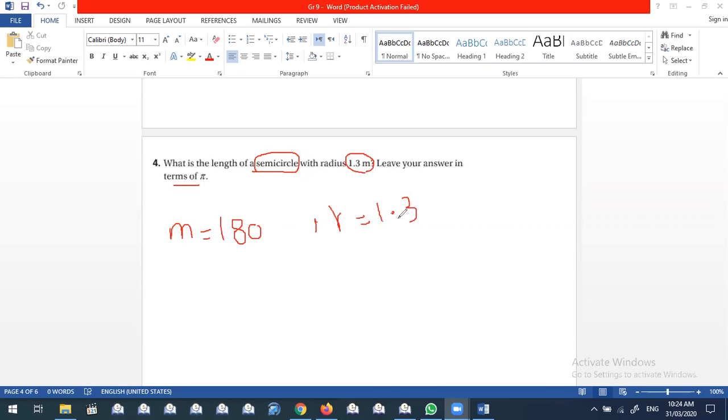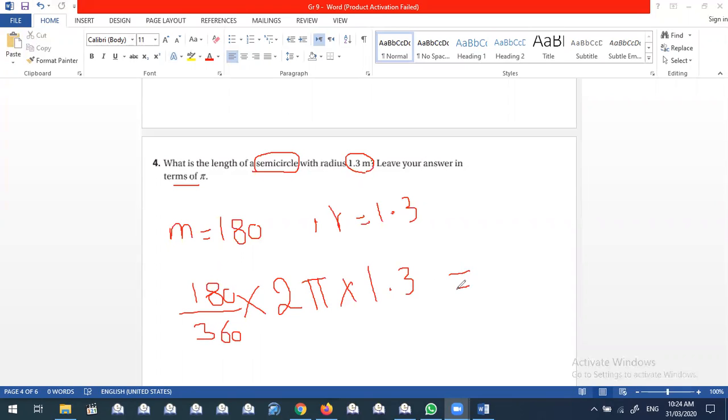So I'm going to use the rule of the radius, which is the measure of the arc, 180 over 360, times 2 pi r, 1.3. Here I'm going to keep pi.